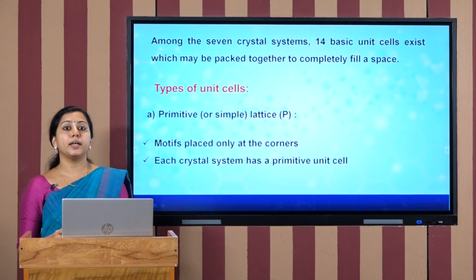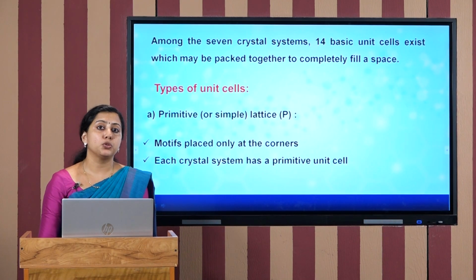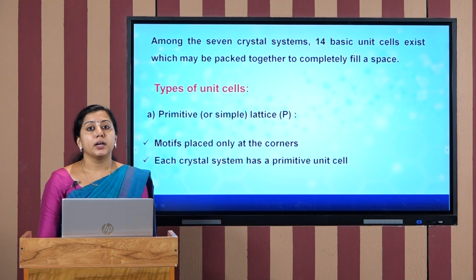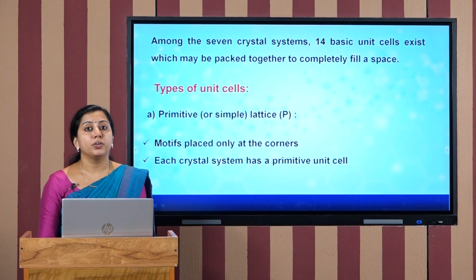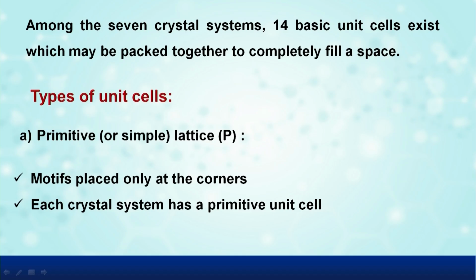So, these 14 basic unit cells will be packed together to completely fill the space. Okay. So, now let us see different types of unit cells. We have a primitive or a simple lattice represented as P. So, this is in a cubic unit cell.